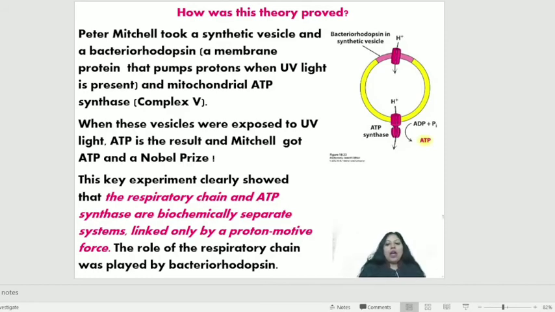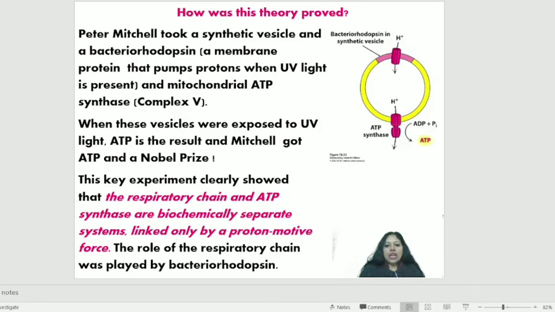Now, Peter Mitchell hypothesized that a proton pump is required because the membrane itself is not permeable to protons. So, for proton pumping, bacterial rhodopsin was combined with this vesicle.